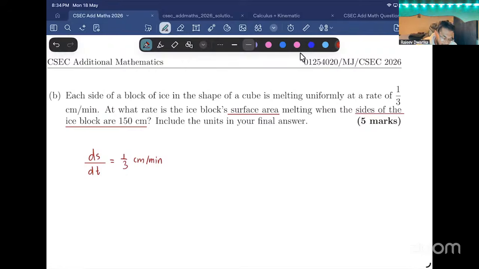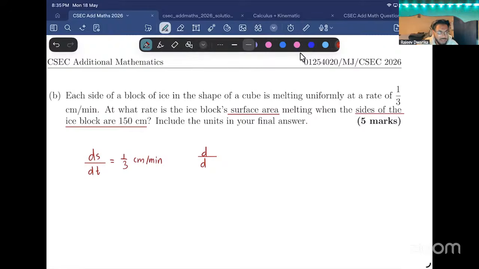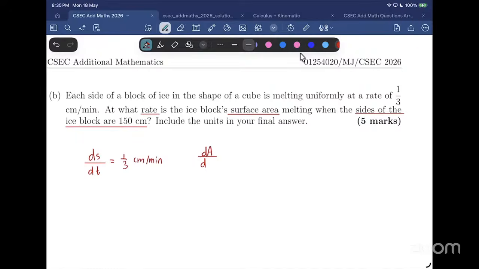That implies they want us to find d what over d what? What do you refer to surface area as? We could refer to it as A. So dA, the change in surface area with respect to, anytime you see rate, it is with respect to what? Time. So dt. So they want us to find dA dt.